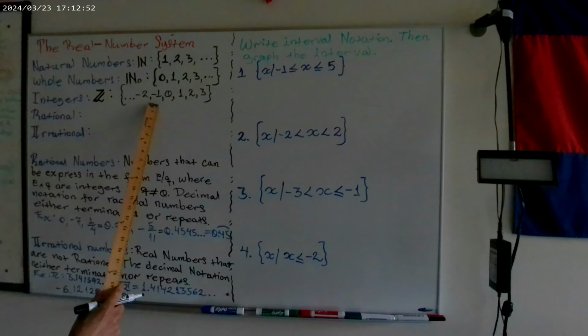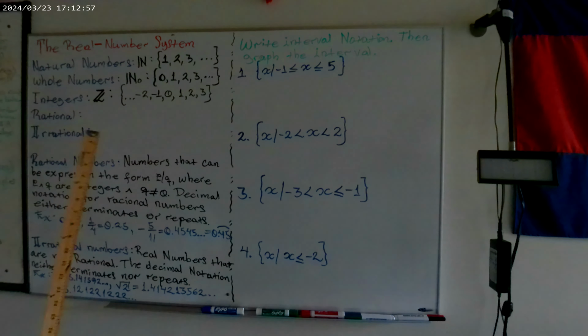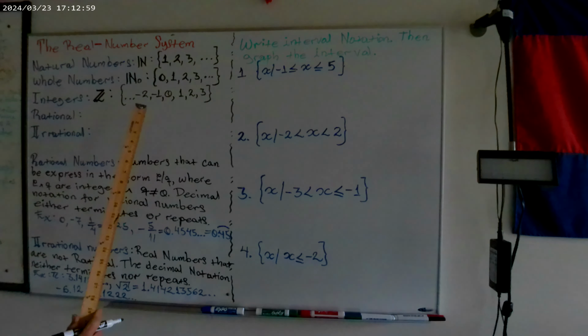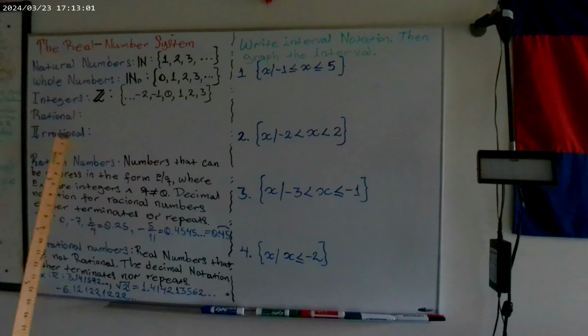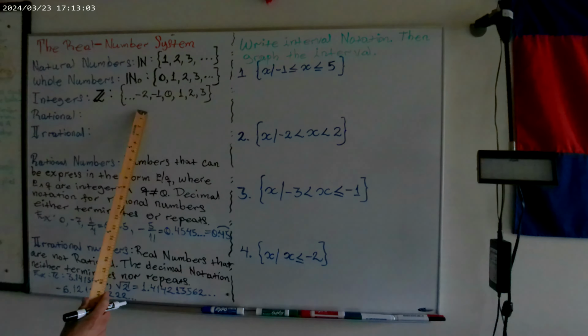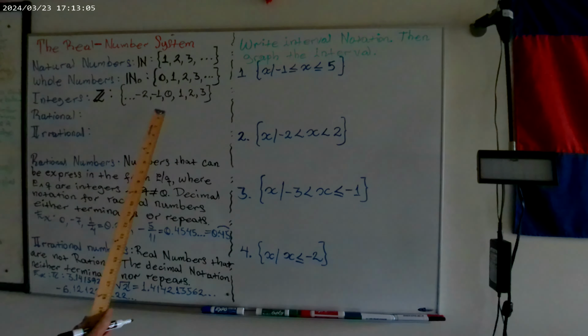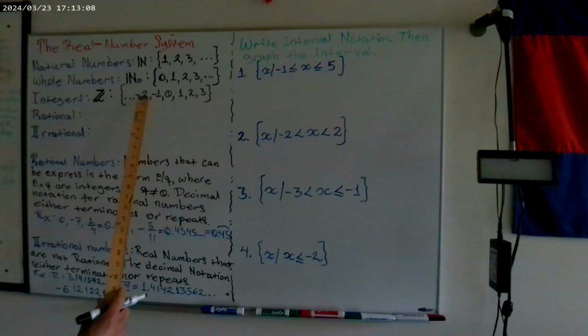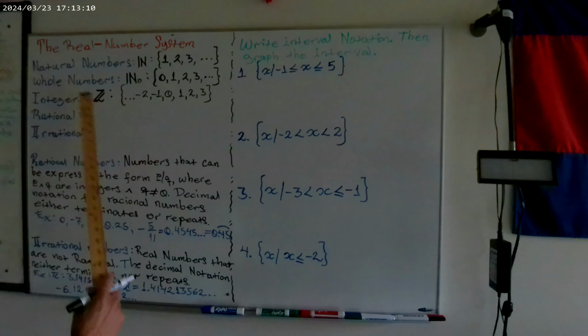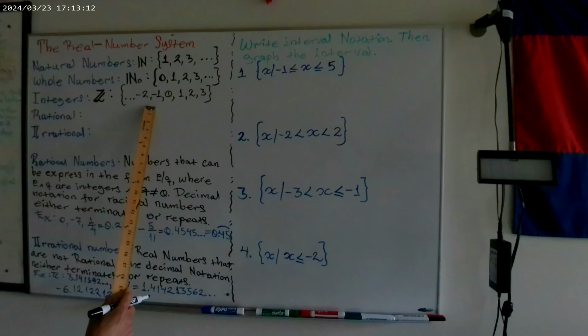So basically all the negative numbers plus 0 plus the positive numbers. That's the set of the integer numbers, right? Again, you can also see that the whole numbers are included in the integer numbers.